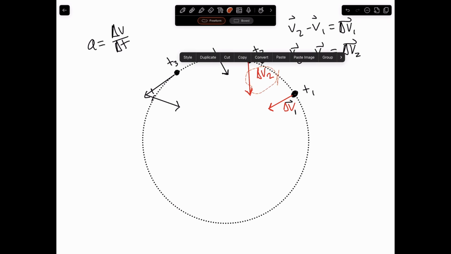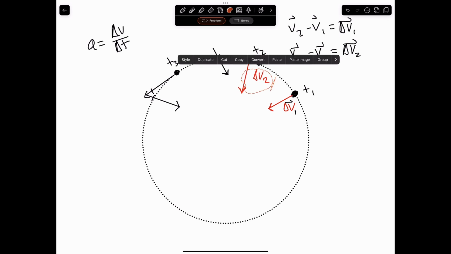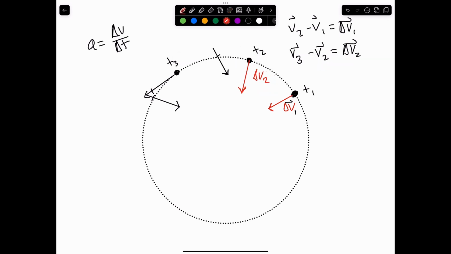Looks like I may have been a little off on the lengths of my vectors, which is fine. The delta v2 vector should kind of look like this. I am definitely not a good artist in terms of math diagrams, but hopefully I'll get better as time goes on. Now, we have two vectors here, delta v2 and delta v1.